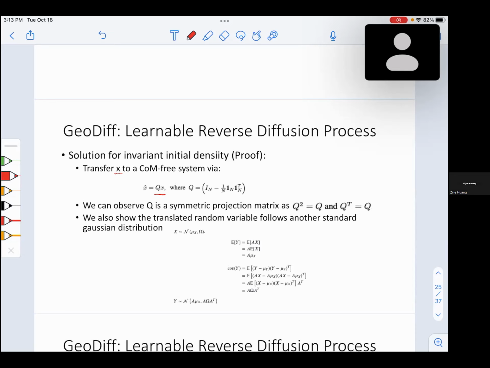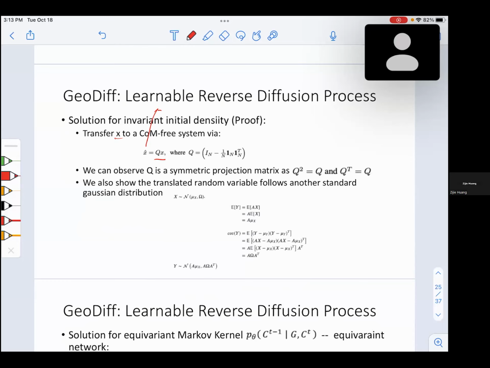Because X itself is sampled from a Gaussian distribution, when it is multiplied by Q, the new random variable y, defined for example as QX, also has a Gaussian distribution, but with a matrix multiplication applied to its mean and its standard deviation.